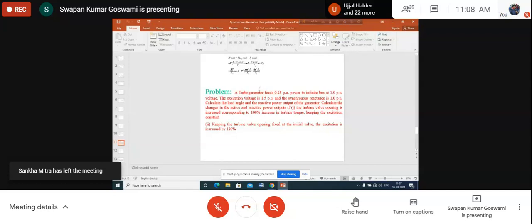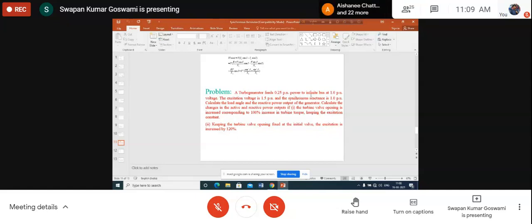Since we are discussing a turbo generator, its rated voltage will be the base voltage, its rated power will be the base power. So 0.25 per unit power is being delivered by the generator to the power system, which means it is delivering 25% of its capacity.